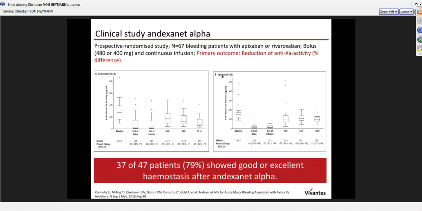So this would be some sort of last resort treatment. We would not use it as a first-line treatment. It would always be a secondary or ultima ratio treatment approach.